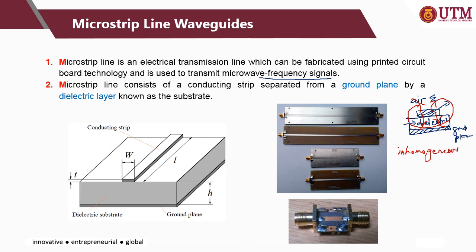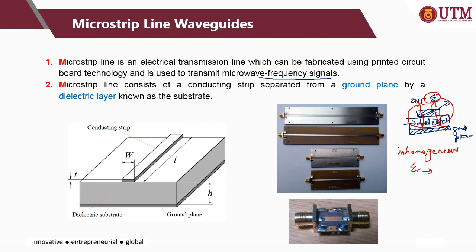All right, so the relative or effective dielectric constant or permittivity epsilon r basically represents the equivalent homogeneous medium. So here we consider the air and also the other materials involved in the signal propagation.